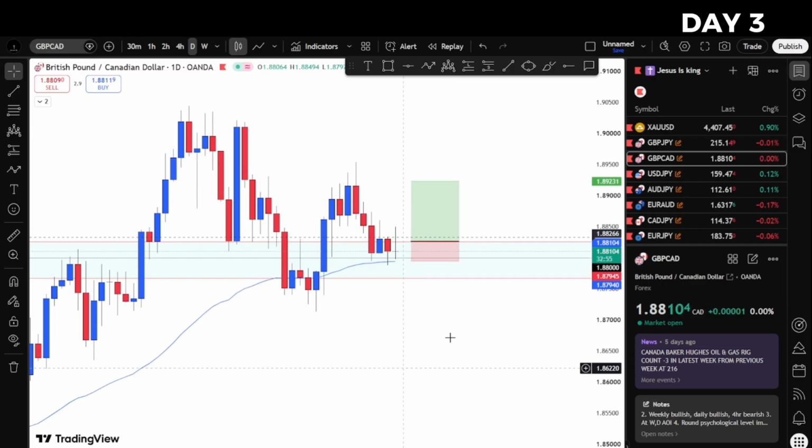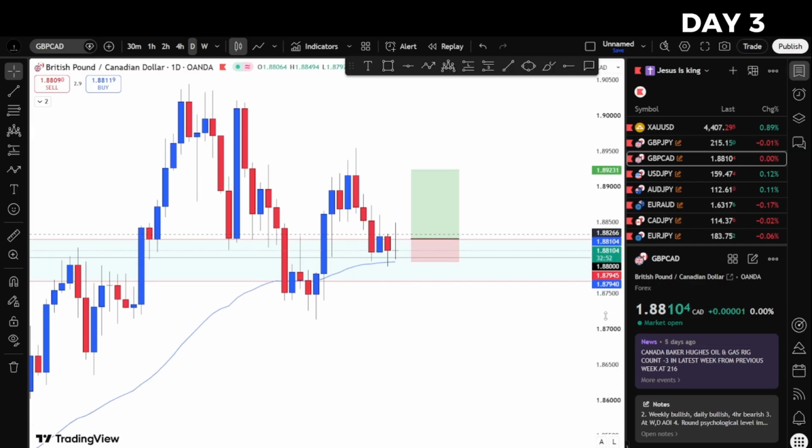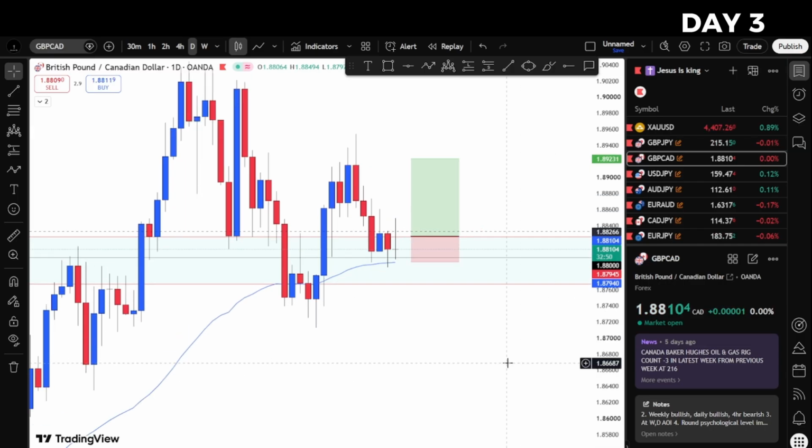GBP CAD is another market that I'm interested in trading. And interestingly enough, this is actually something that I'm going to test out. I know it's going to be what it is, but this is a cross per correlation, and let me explain.